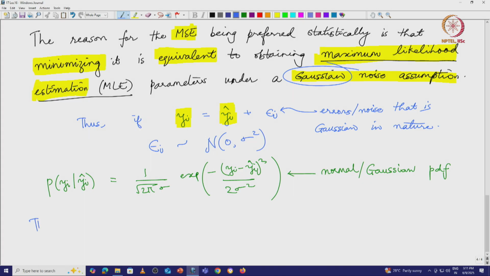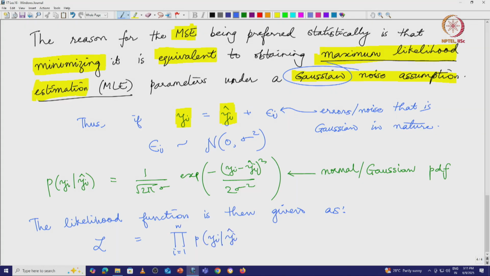So, the likelihood function is then given as L, I am going to use a cursive L for this, is the product i going from 1 to n, P of yi given yi hat.